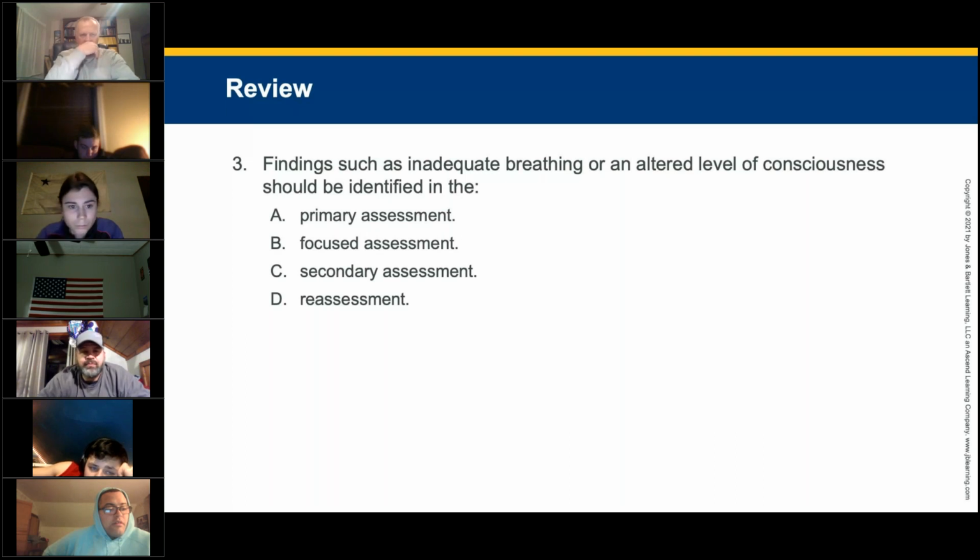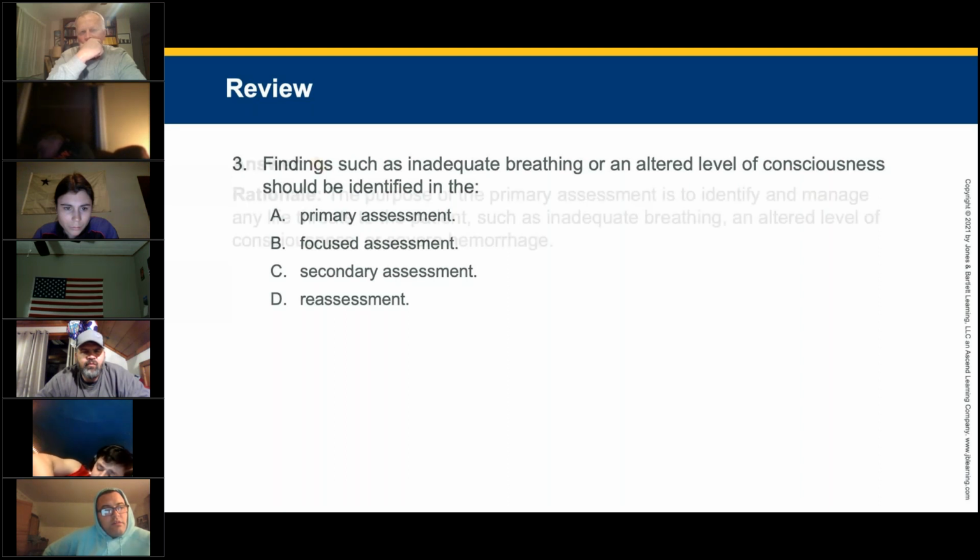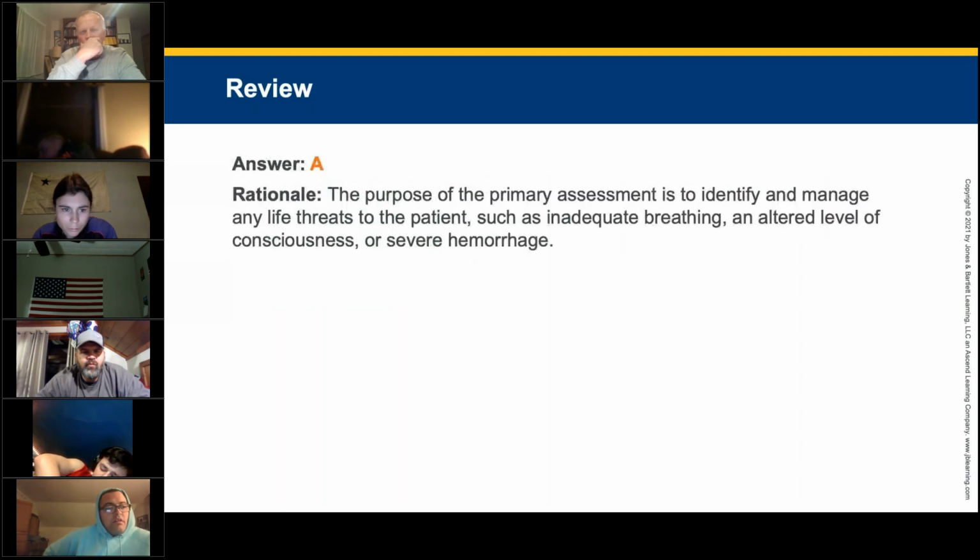Findings such as inadequate breathing or an altered level of consciousness should be identified in which assessment? Very good. A, primary assessment.